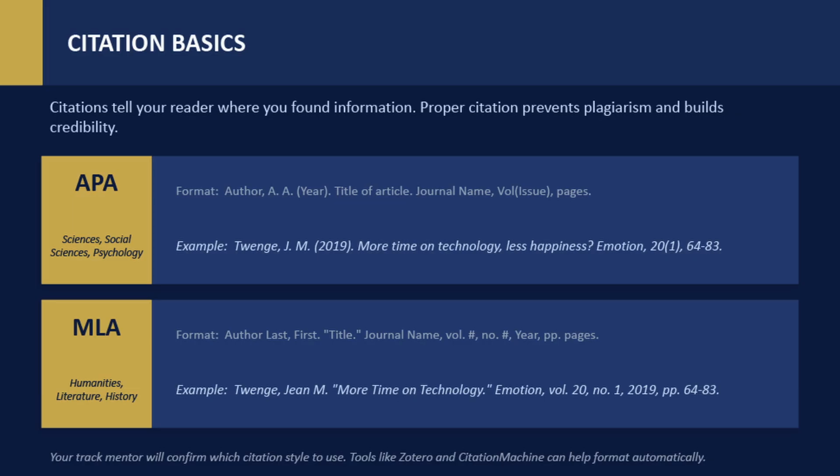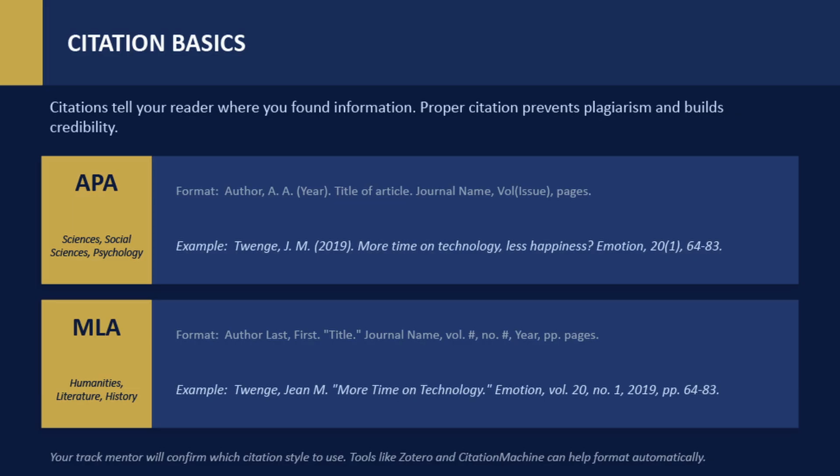So I think some of you have already been learning about this in school, and the first form of citing is APA, and the format is the author, the year, the title of the article, the journal name, the volume or the issue, and the pages.